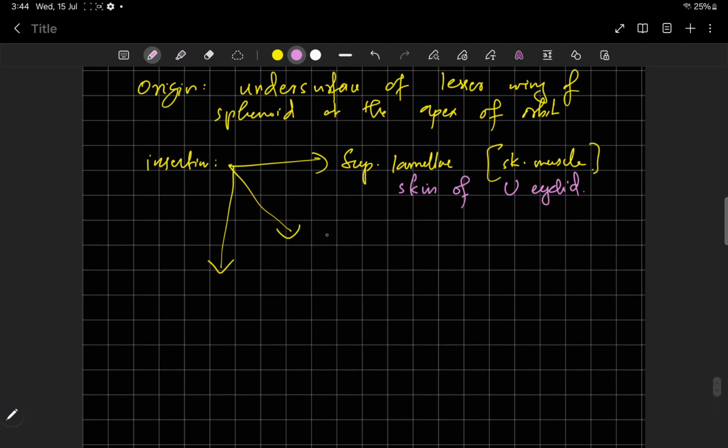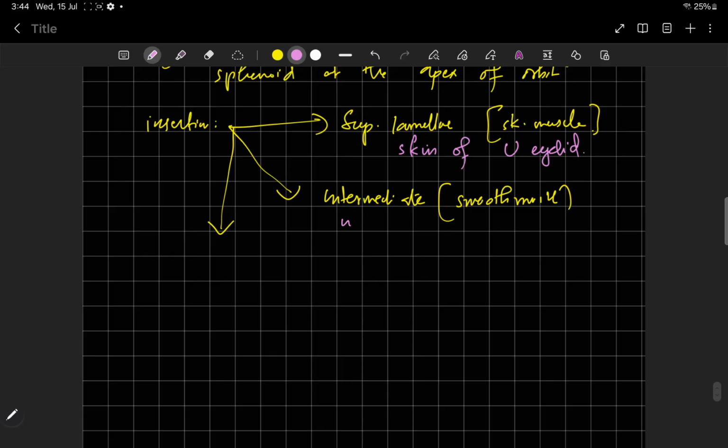And the intermediate lamella, this is the smooth muscle part that is inserting into the upper border of superior tarsal plate.